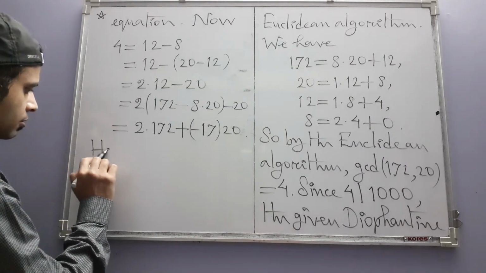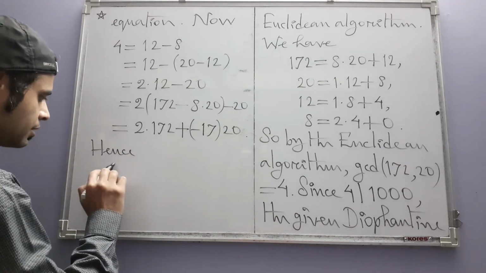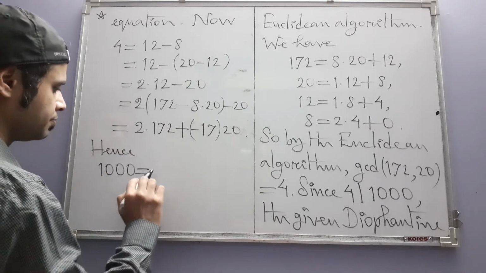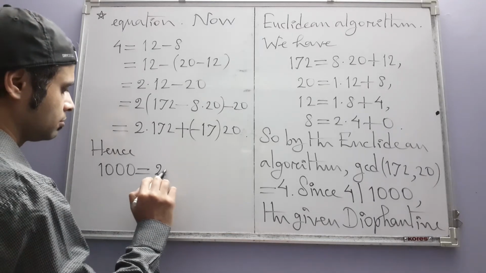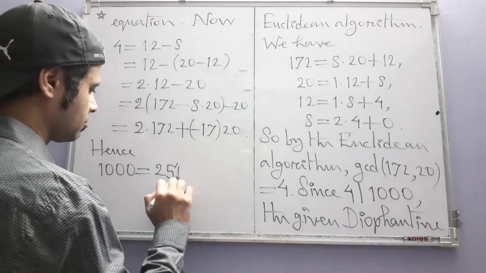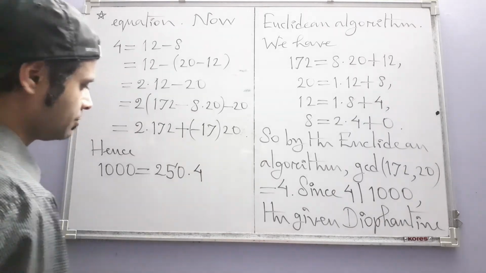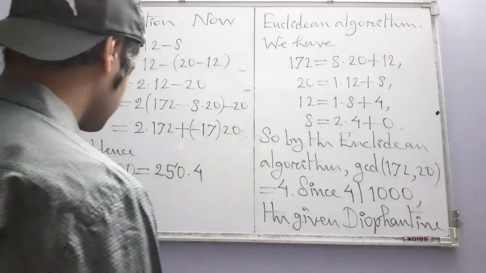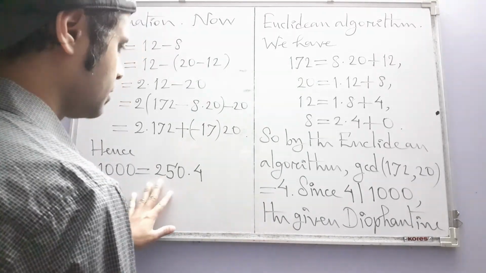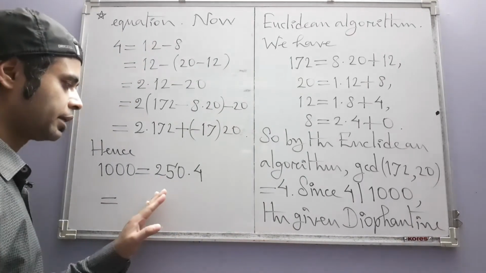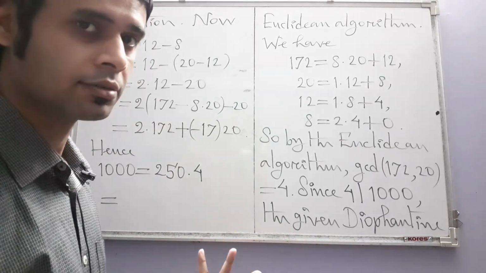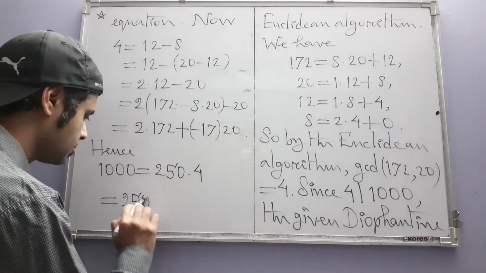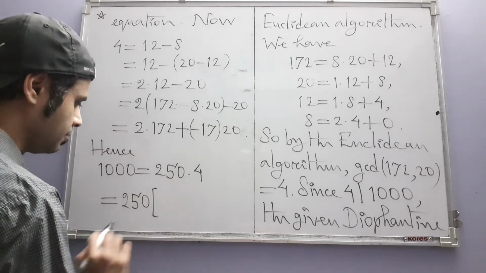Hence 1000 is equal to 250 times 4. But let me be very careful because I am extremely bad at this type of calculation, which is something you already perhaps know.